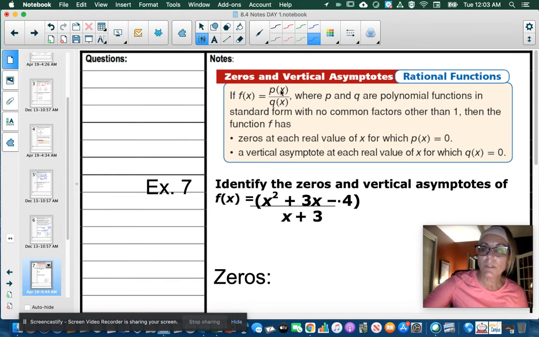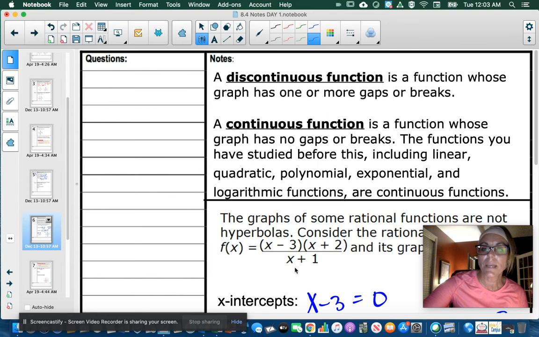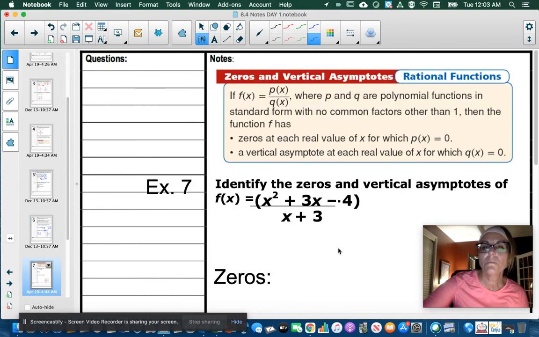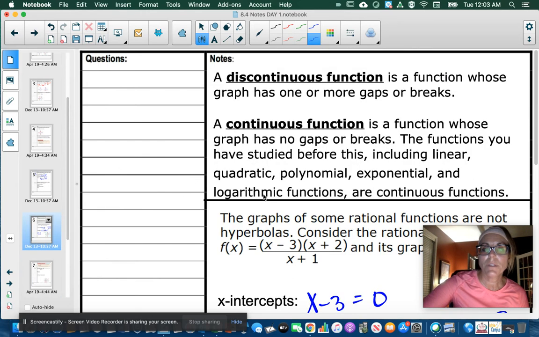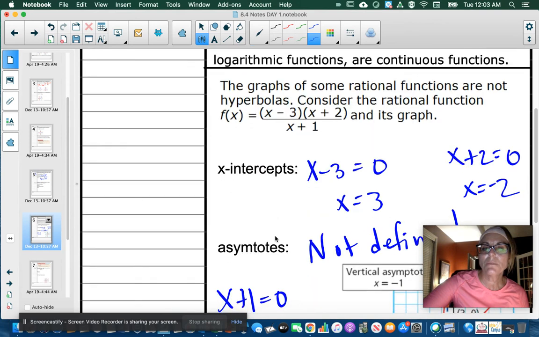It's exactly what we did back here to find the x-intercepts. We set each factor in the numerator equal to 0. And vertical asymptote at each real value of x for which q of x equals 0. Same thing we did here to find the asymptotes. It's where it's not defined, where the denominator equals 0.